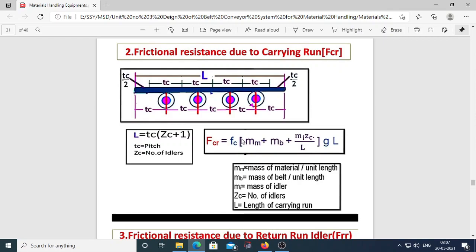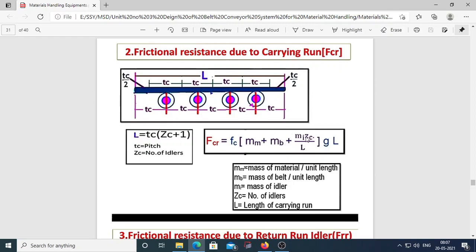Before going to that, you know the formula FCR is equal to FC in bracket mm plus mb plus mi zc divided by L into G into L. mm you know, the mass of the material per unit length, which is given by the conveyor. mb is nothing but the mass of the belt per unit length, given in kg per meter.